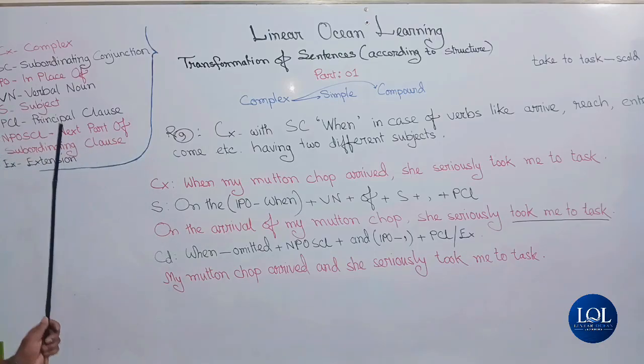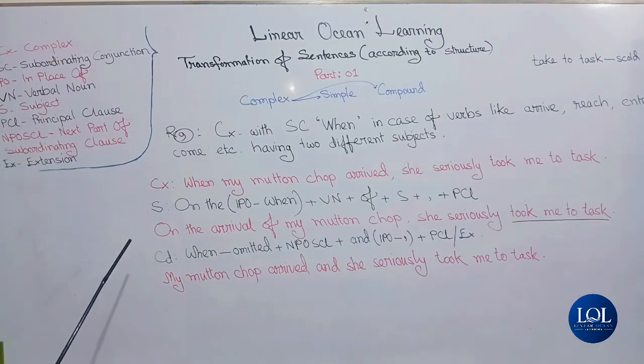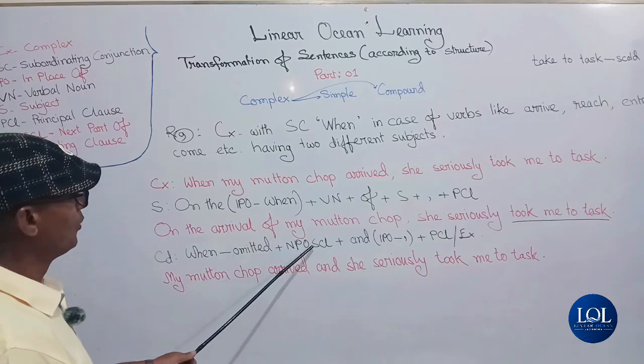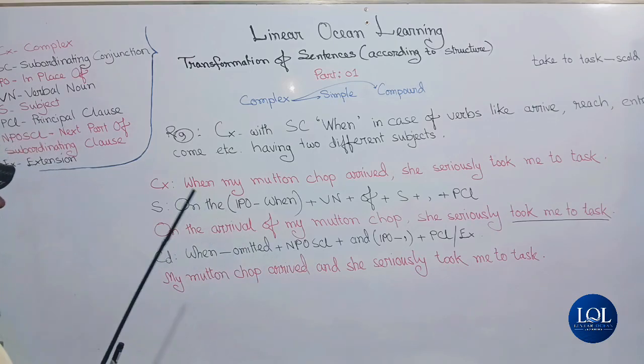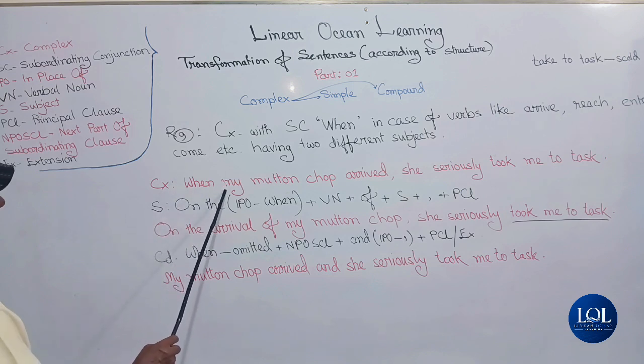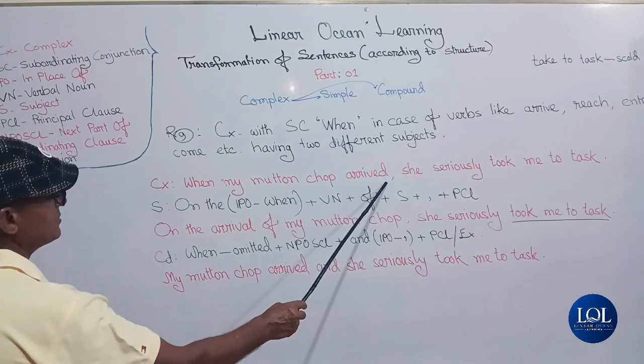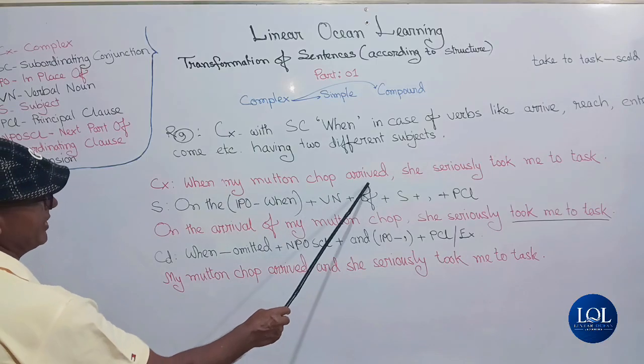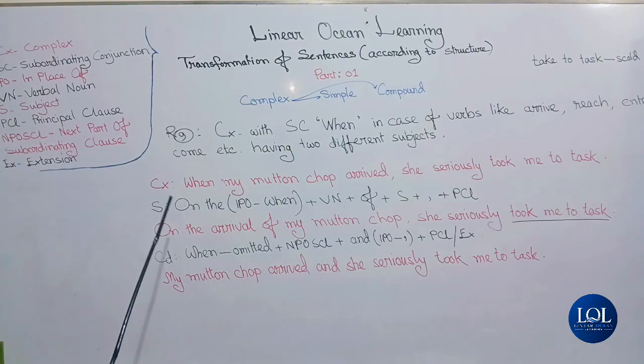Now, if we want to put it into a compound sentence, CD means compound. When will be omitted, then NPOSCL, that means next part of subordinating clause. If we omit when and write the next part of the subordinating clause, then "my mutton chop arrived" will be there.